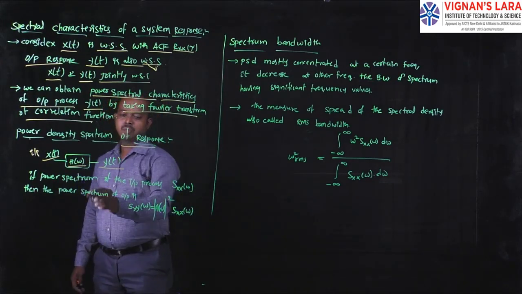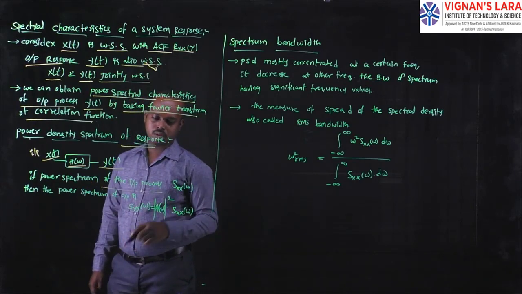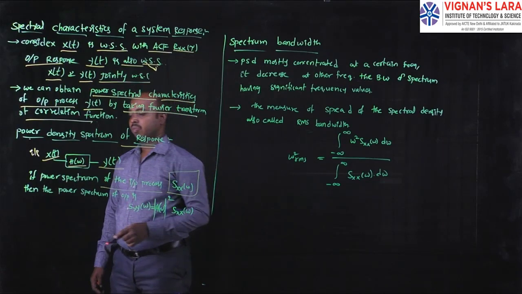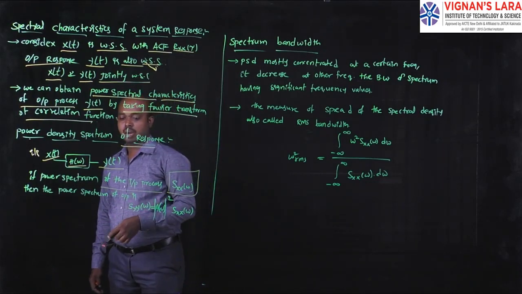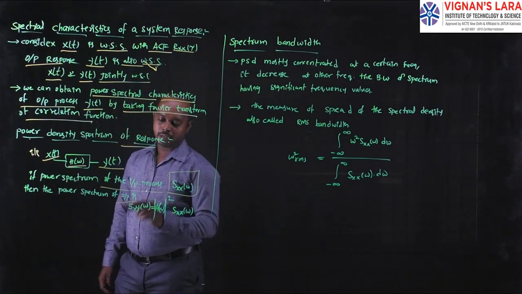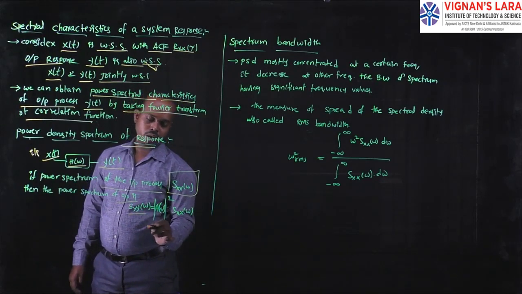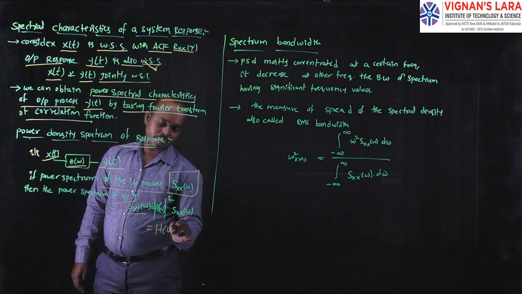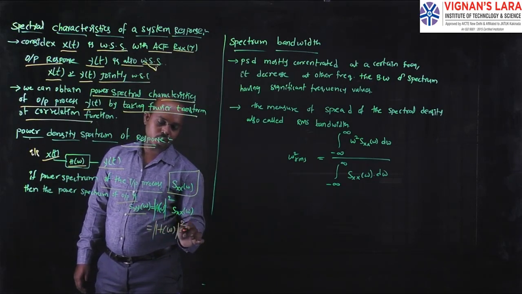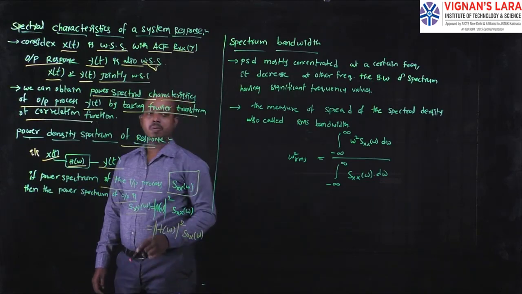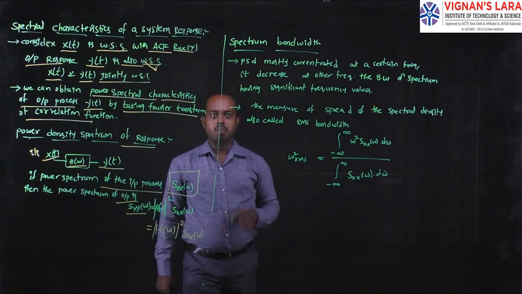If the power spectrum of the input process is Sxx of omega, then the power density or power spectrum of the output is Syy of omega equal to h of omega modulus squared into Sxx of omega. This is one of the important properties. You have to use this property in problems.